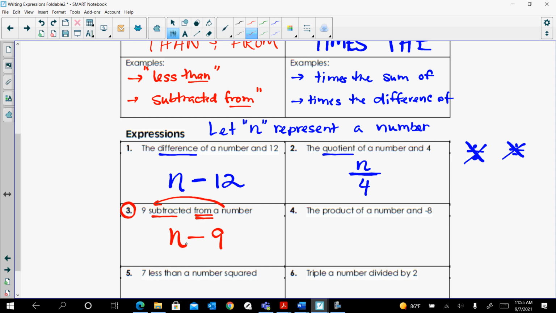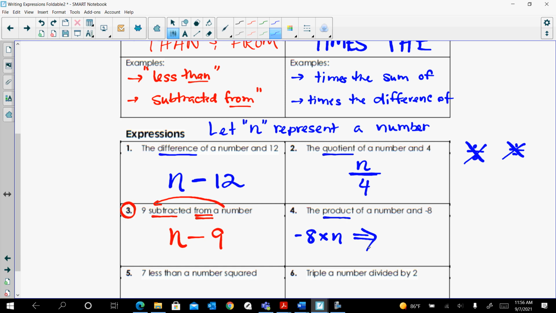On 4, what's the key word indicating the operation? Product. What does product mean? So how would I show multiplication of a number and negative 8? Negative 8 times n. This is not all the way correct. We've got to simplify this.